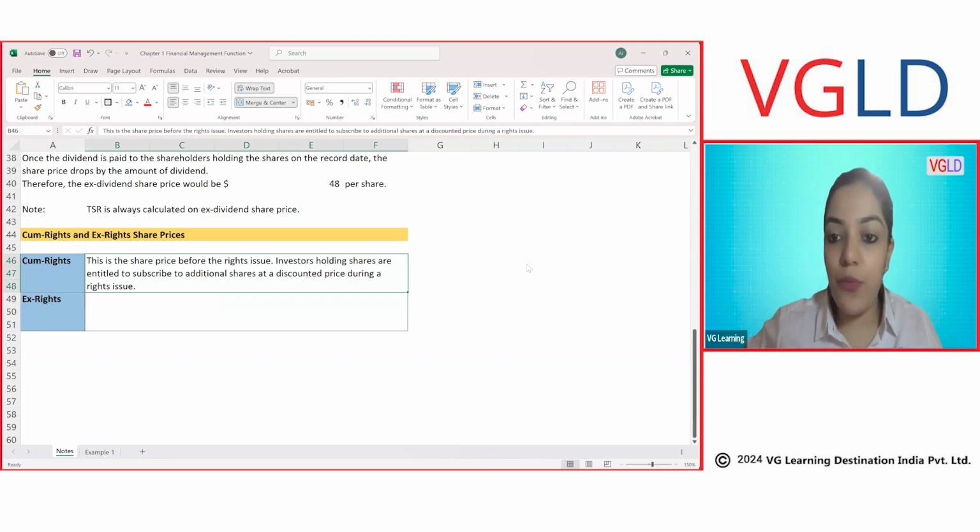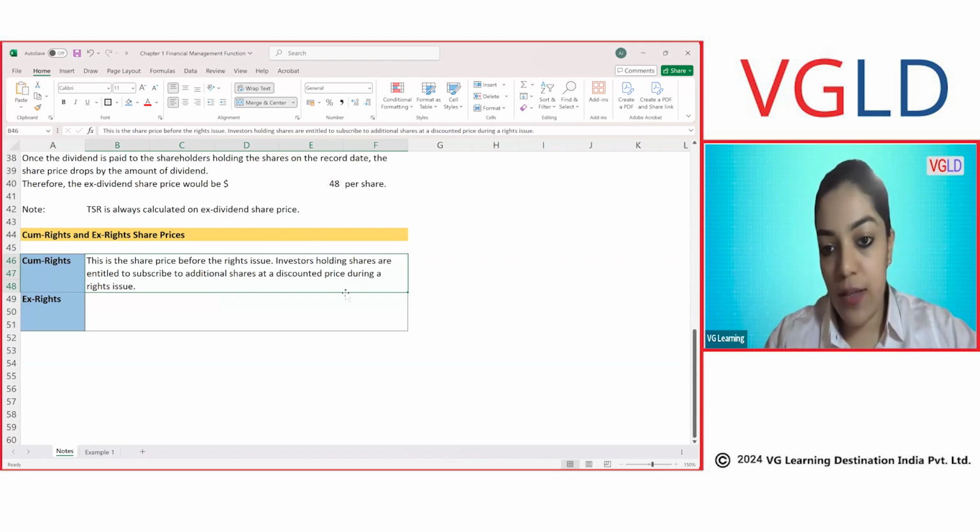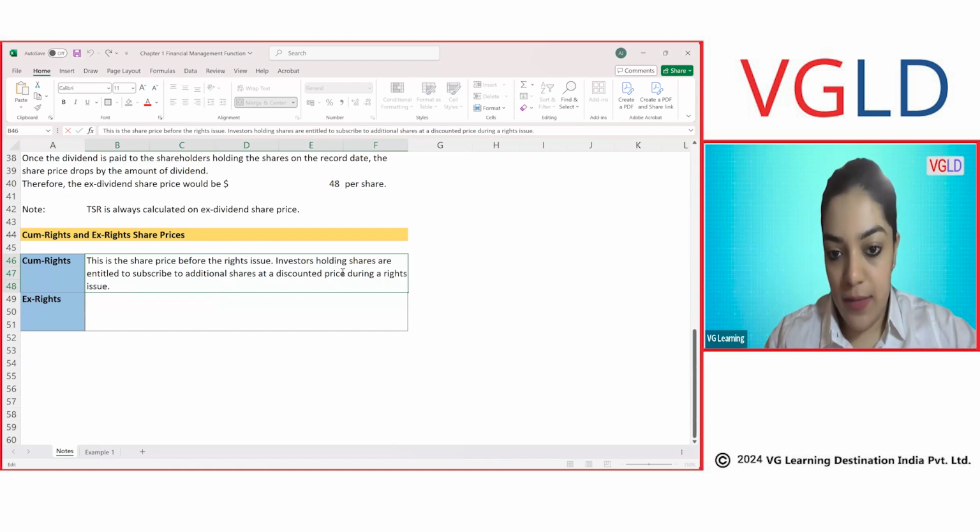So this is the share price before the rights issue. That means investors holding shares are entitled to subscribe to additional shares at a discounted price.